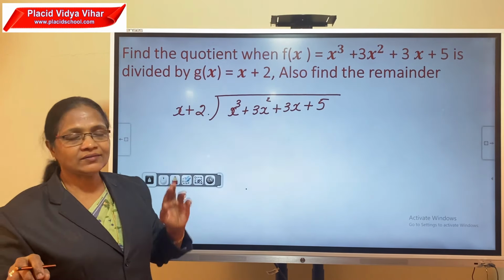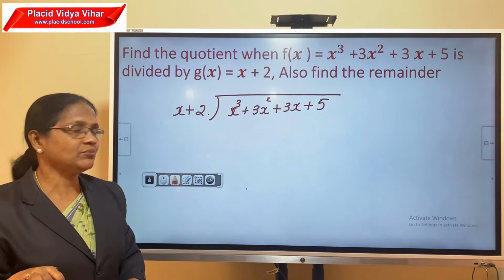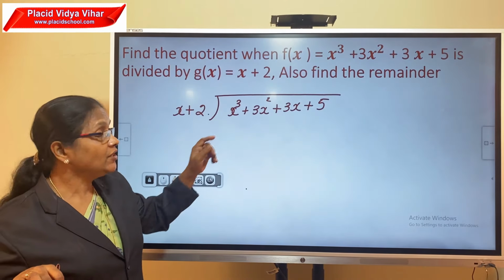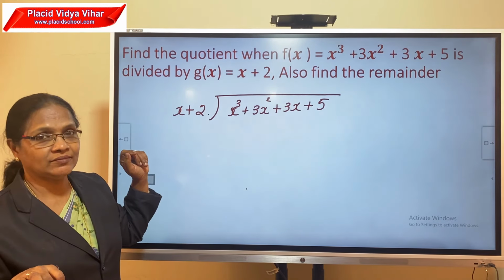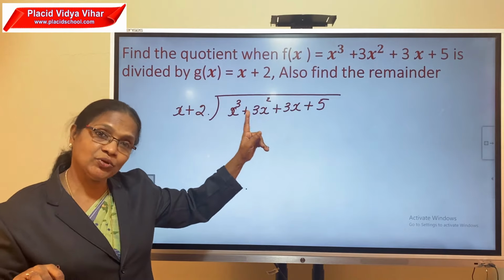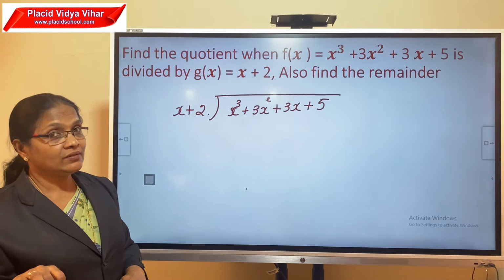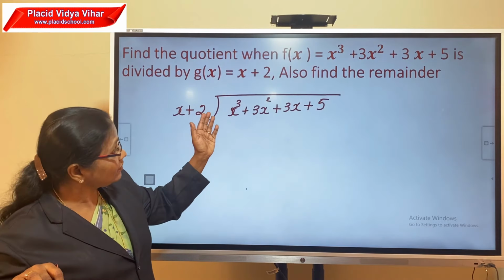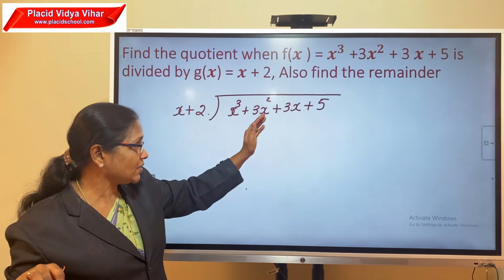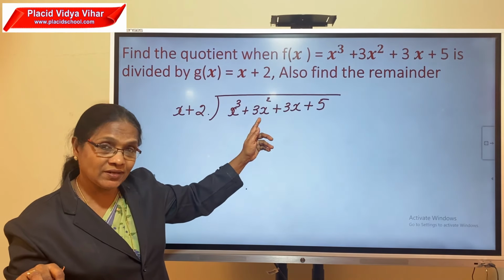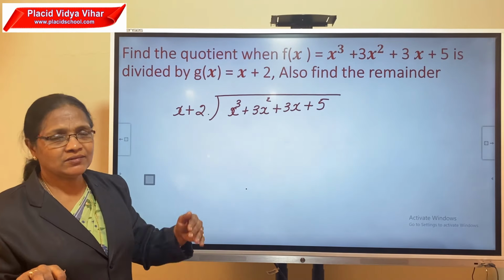To start the long division method, first of all, divide the first term of the dividend by the first term of the divisor. Here all the terms are present: the first is x cube, the second x square, the third x, the last one is a constant.